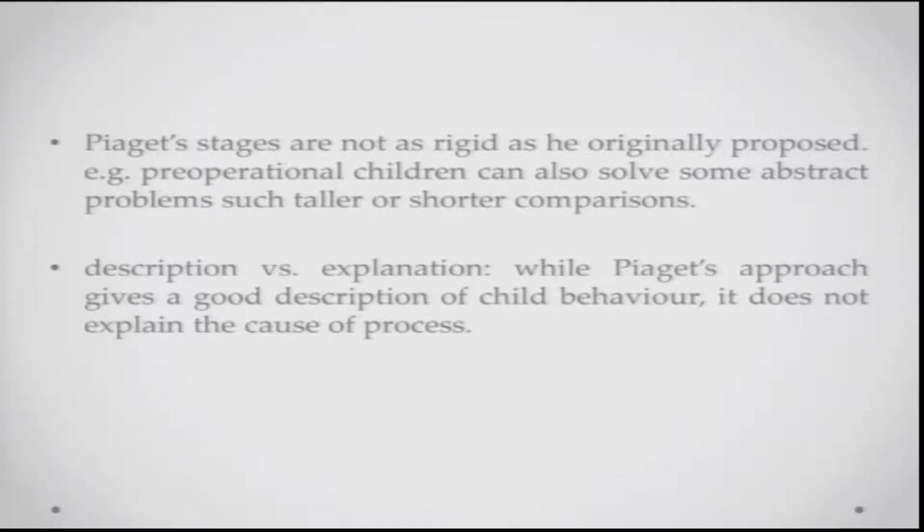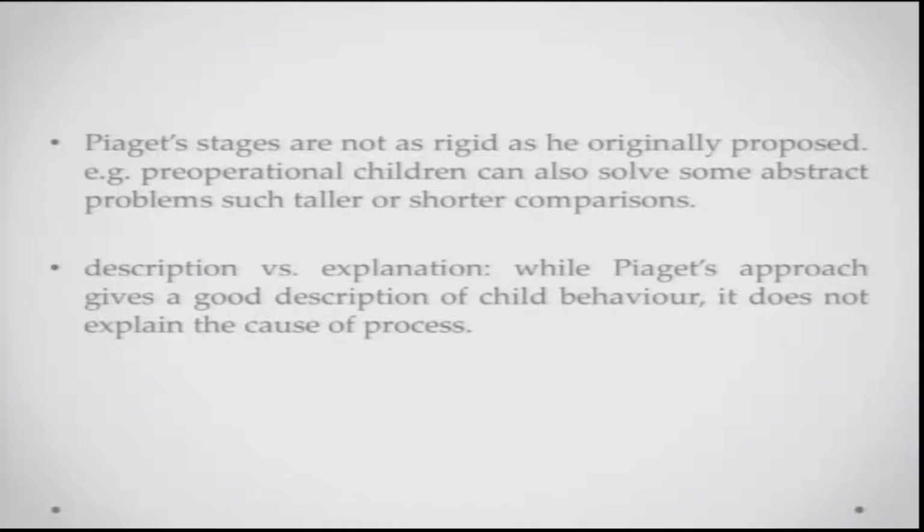For example, pre-operational children can also start solving some abstract problems such as taller or shorter comparisons, whereas Piaget supposed that this would happen only in the concrete operation stage. But newer testing methods and different ways of looking at how children perform have shown that some of these operations, like object permanence, might be happening slightly earlier than what Piaget would have estimated.